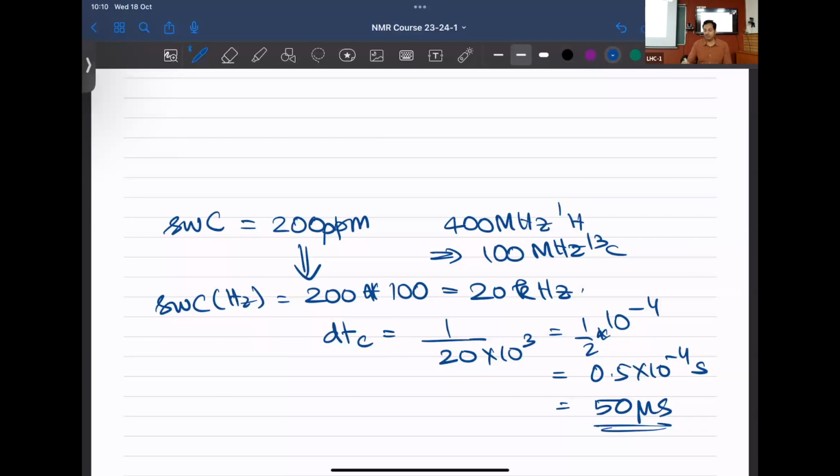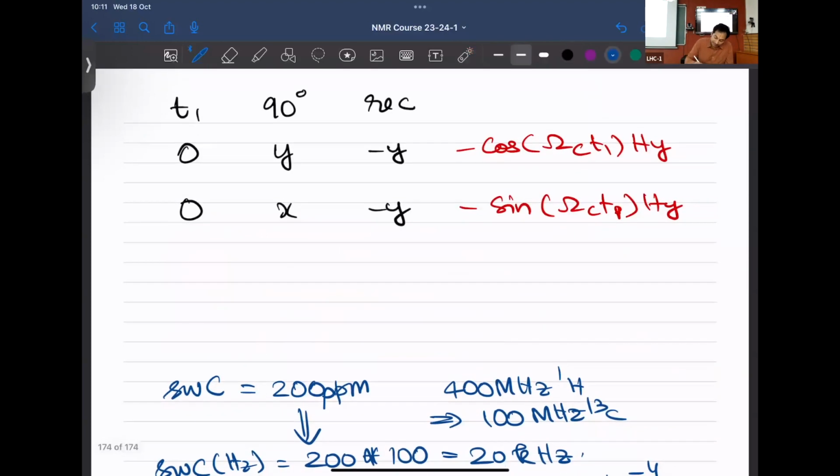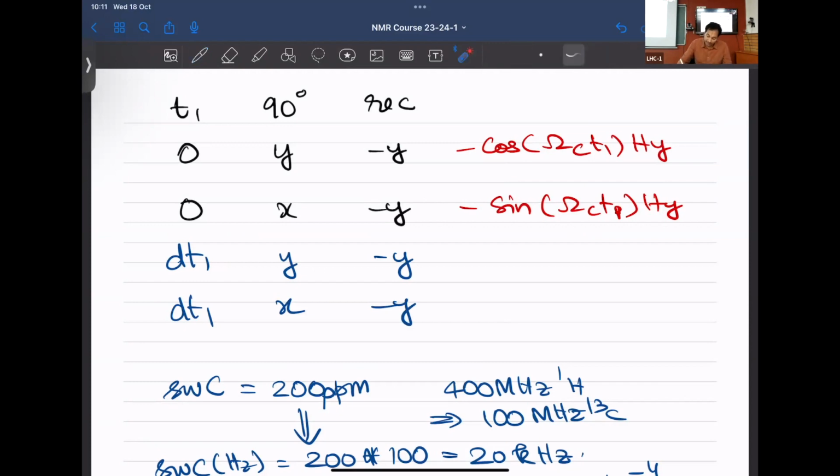Just giving an example, if you choose a certain spectral width for carbon, you have a certain dwell time. So the next step will be based on this dwell time, where you keep the phases the same, while for the quadrature, you end up getting this. What has happened here is that T1 would have been 0.